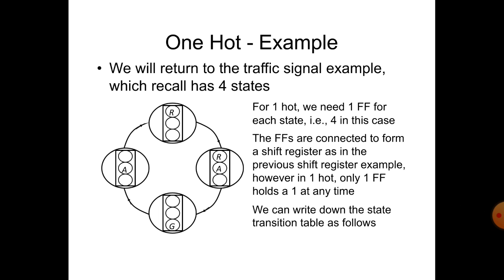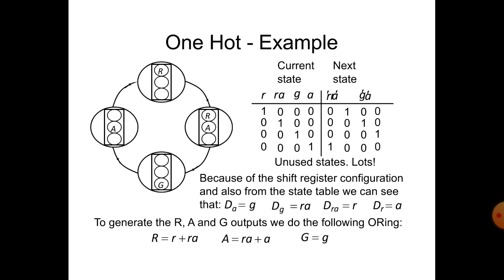We have 4 states: red, red-amber, green and amber, with the state diagram, current state and next state. The unused states are many.